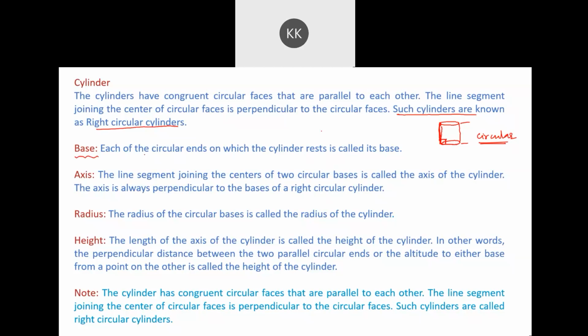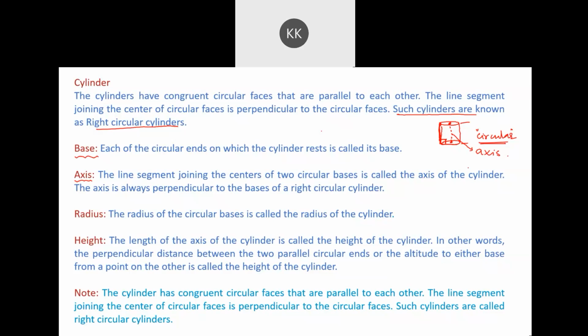When I say base, it will be having two bases which are circles. There is something called an axis. The line segment joining the centers of the two circular bases is called the axis. From the center of one circle to the center of another circle, if there is a line segment, this line segment represents the axis.